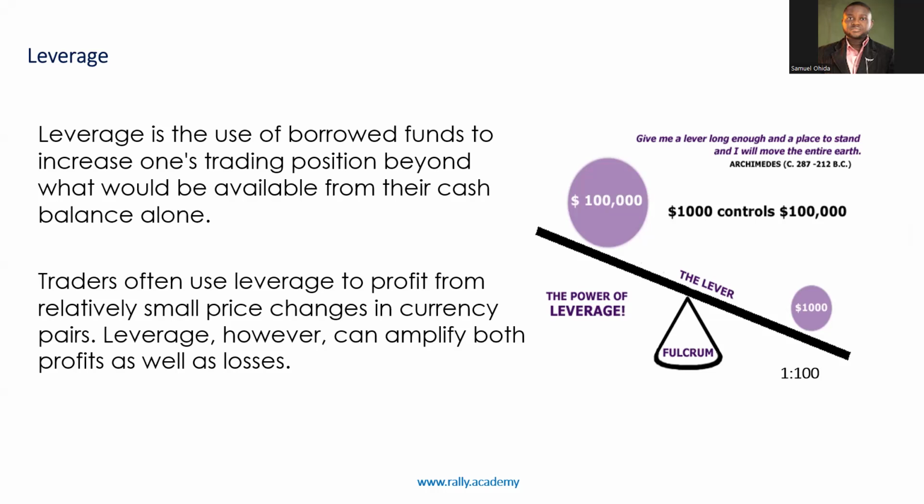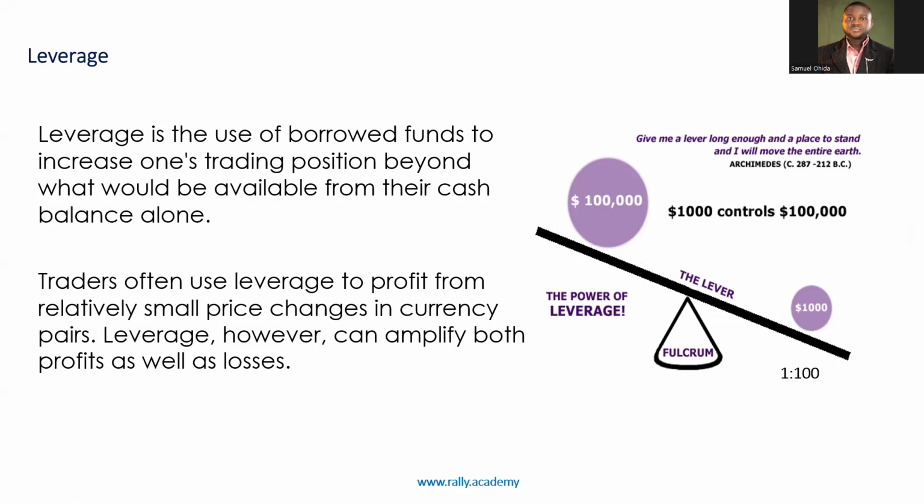What does that mean? If a trader has $1,000 and he wants to trade, and the broker provides a leverage of 1:100, it means that the $1,000 of this person controls $100,000 in the market.